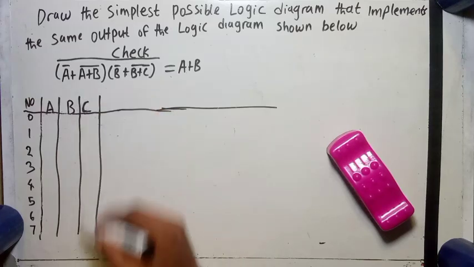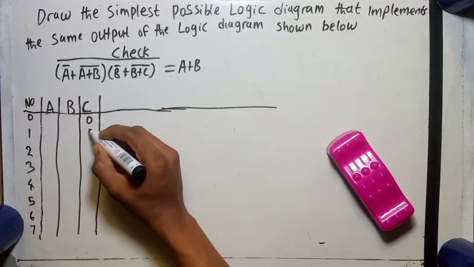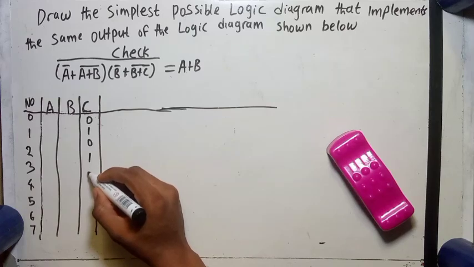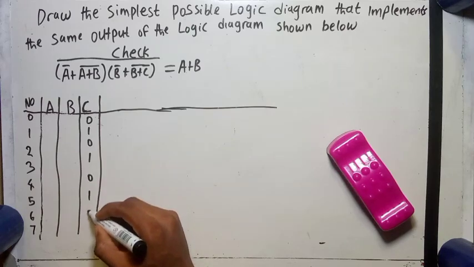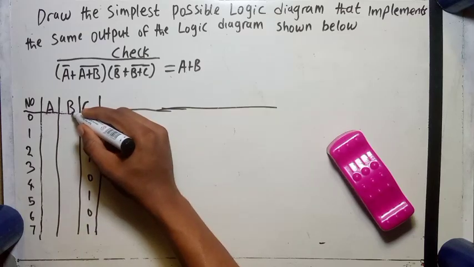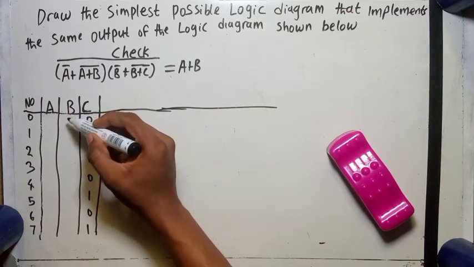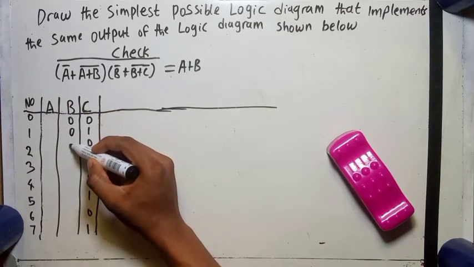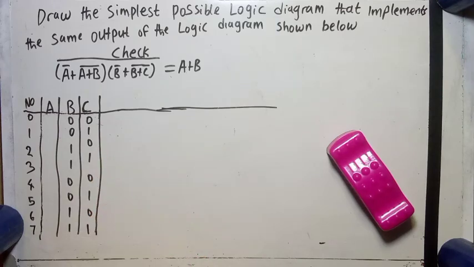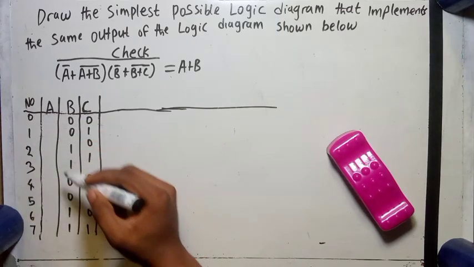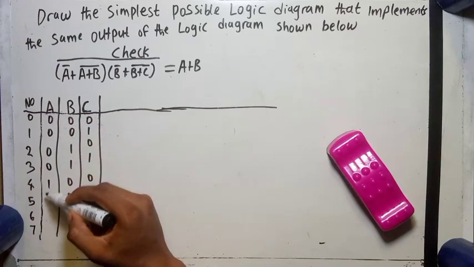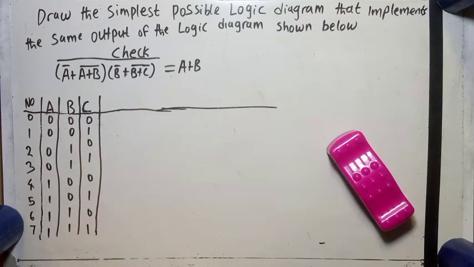And let us fill in the variables. We are going to do it in column form. That is 0, 1, 0, 1. For the next one, 2 zeros, 2 ones, 2 zeros, 2 ones. The next one, 4 zeros, 4 ones.